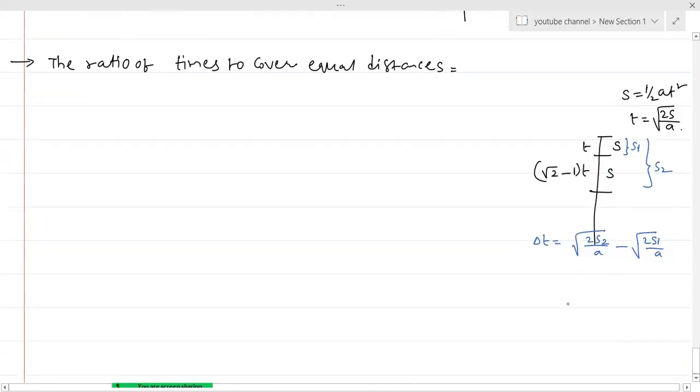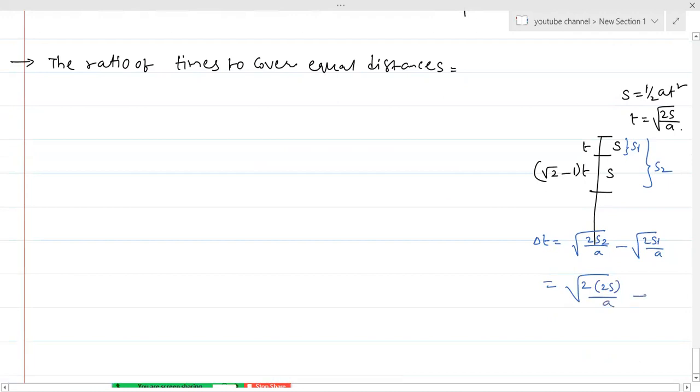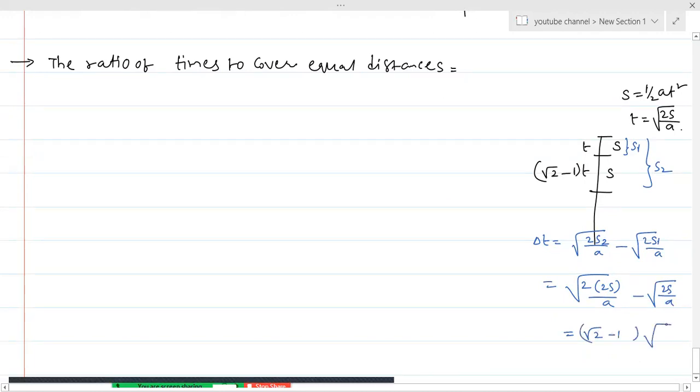In this way we will do. So root over 2 into s2 we write as 2s by a, and so generally we have root 2 minus 1 into root of 2s by a, and that coefficient we just write as t.